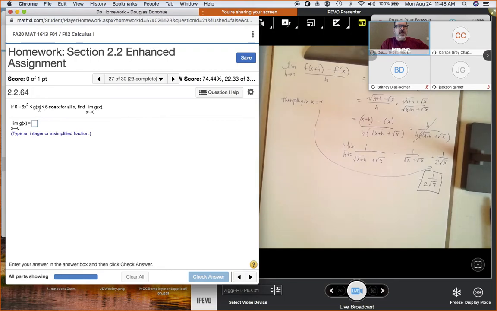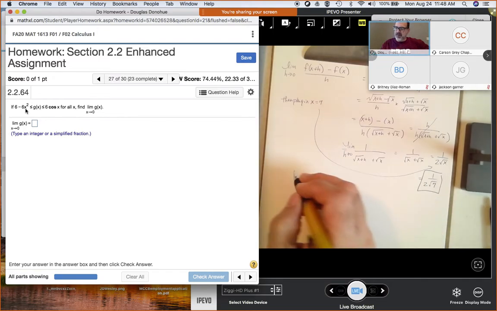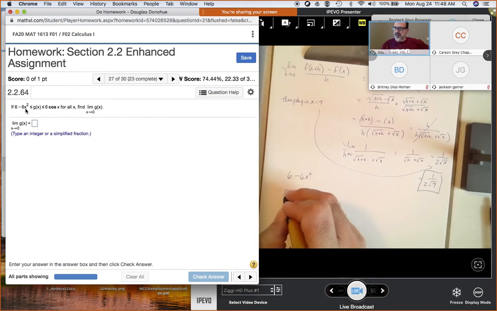So what happens when those pieces of bread have an x value of 0? So what happens when 6 minus 6x squared goes to 0? Oops, that should be 6, not a 0.